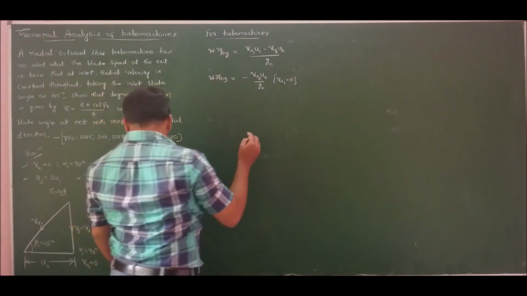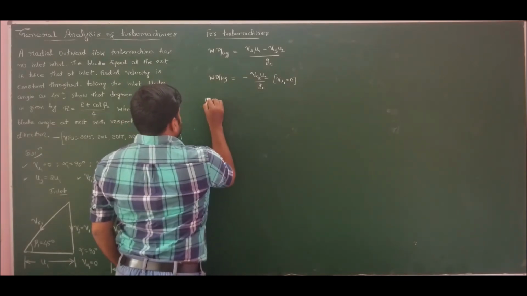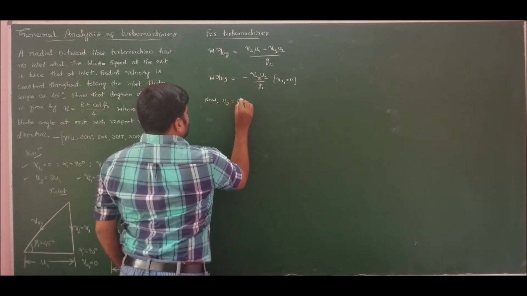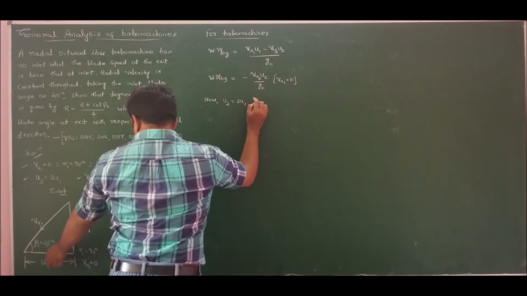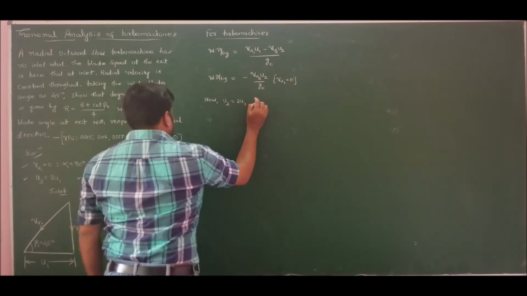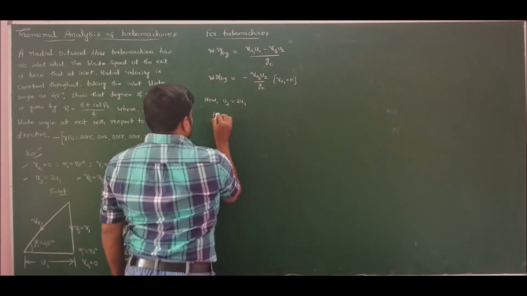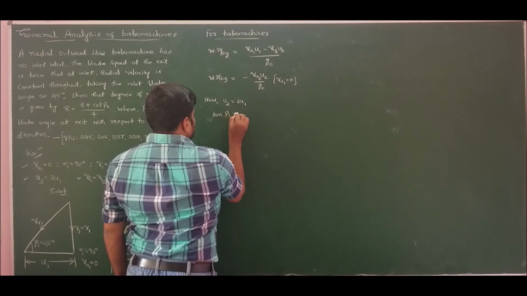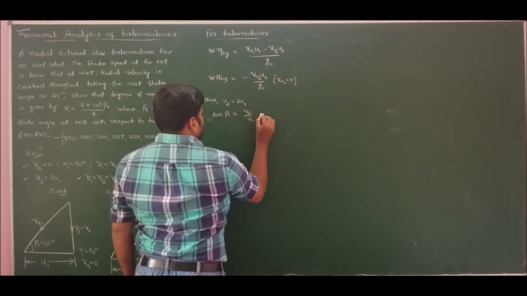Now for U2, we have U2 is equal to 2U1. From the inlet velocity triangle, I can write tan β1, that is tan 45 degrees, is equal to Vf by U1.